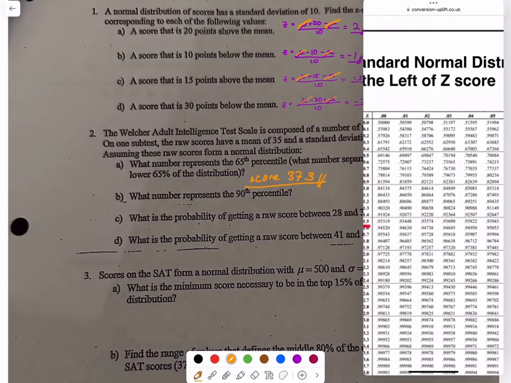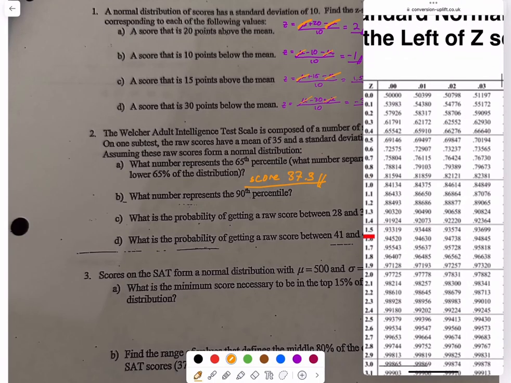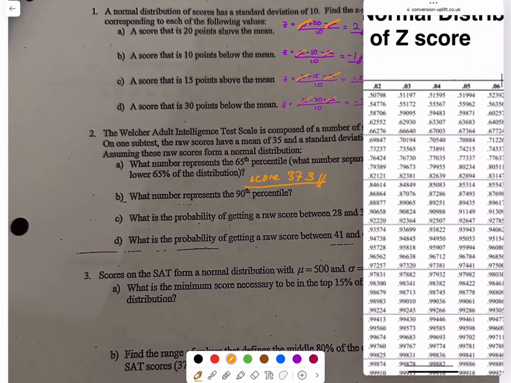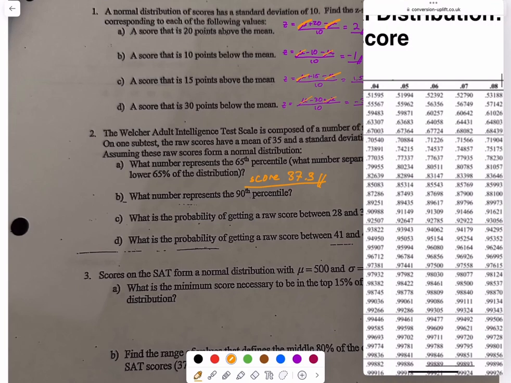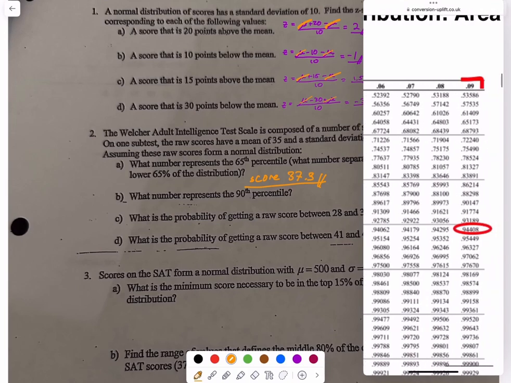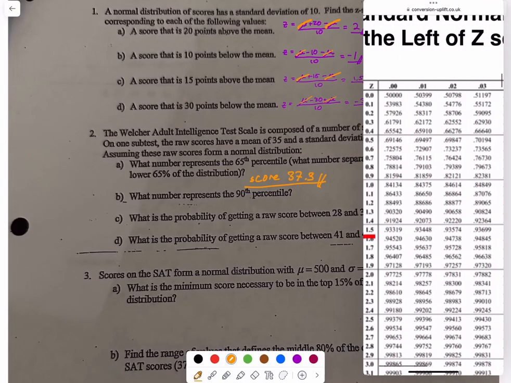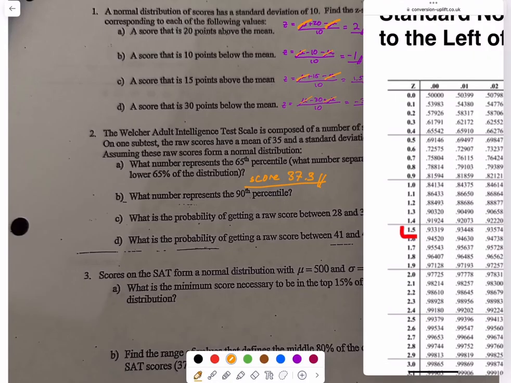The results in the chart give us the percentages, right? So if we want 65%, kind of towards the top, that 1, 2, 3, that fourth row from the top, on the far right, almost halfway between the 8 and the 9 is where the 65% lies. And if that's the fourth row, then that's where the 0.385 came from.